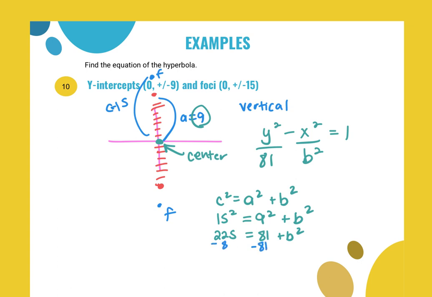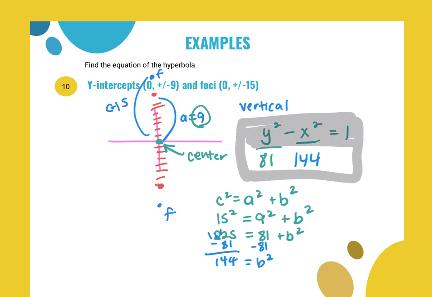Subtract the 81. And b squared is 144. So my equation is y squared over 81 minus x squared over 144 equals 1.